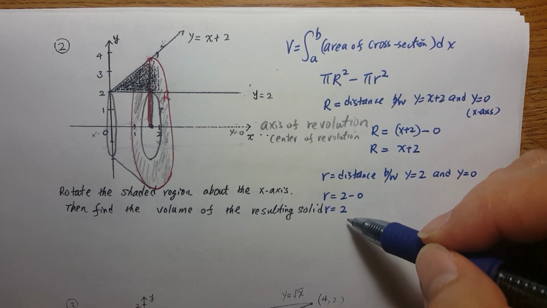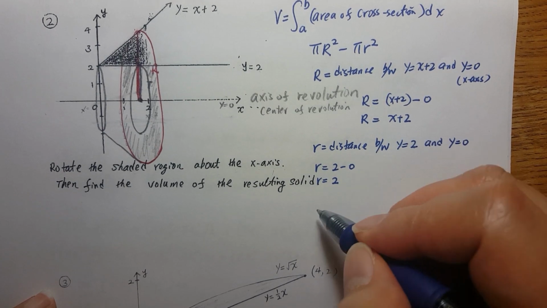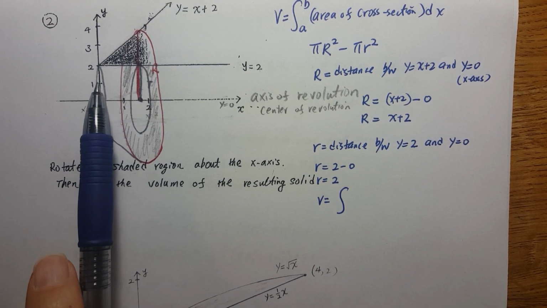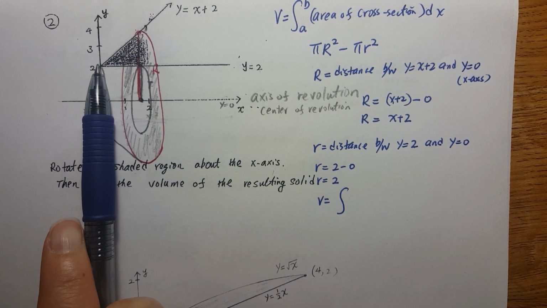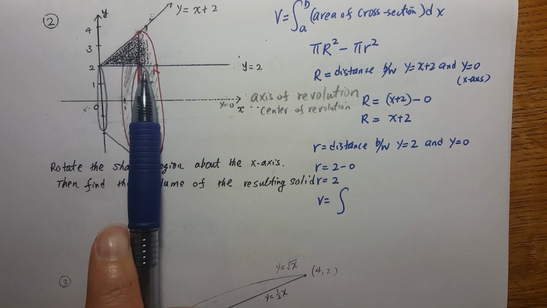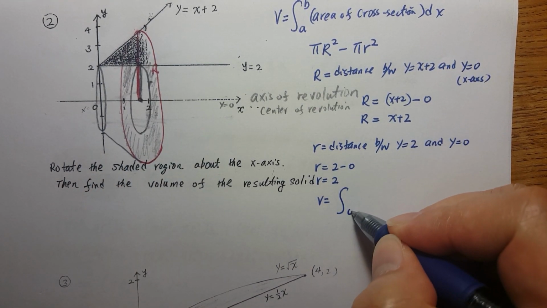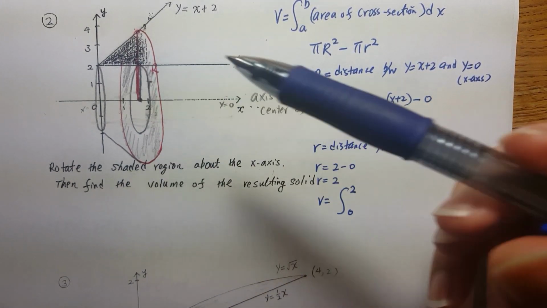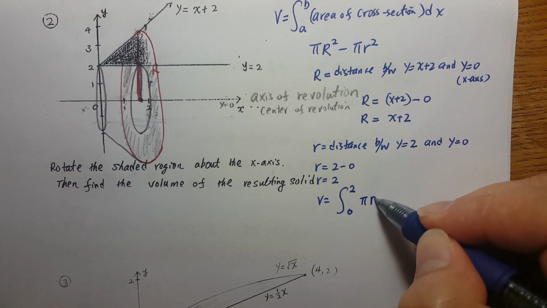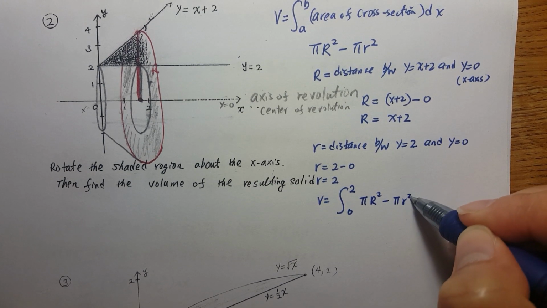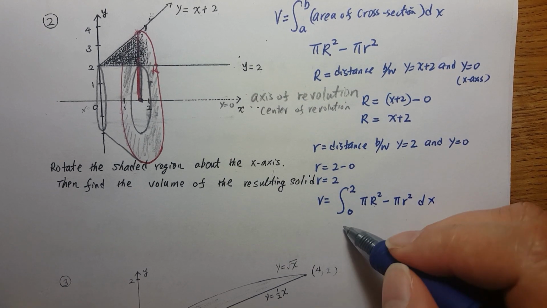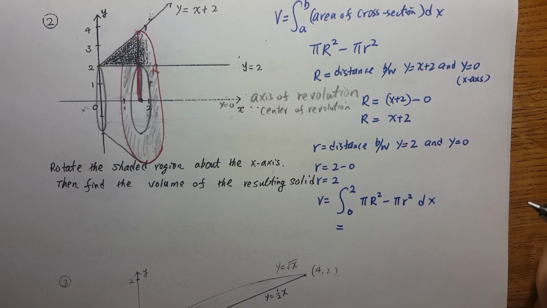Now once we found the big R and small r, we're ready. We're going to use a to b. You can see that the triangle is rotated from x equals 0 to x equals 2, so 0 to 2. Our cross section will be two concentric circles, so pi big R squared minus pi small r squared dx. I am going to type this into our calculator.